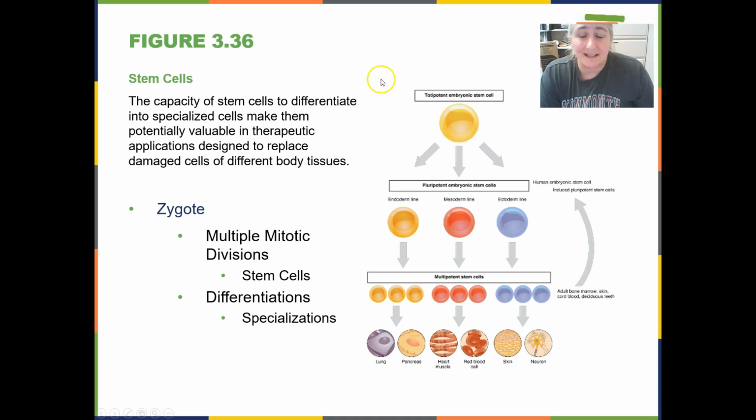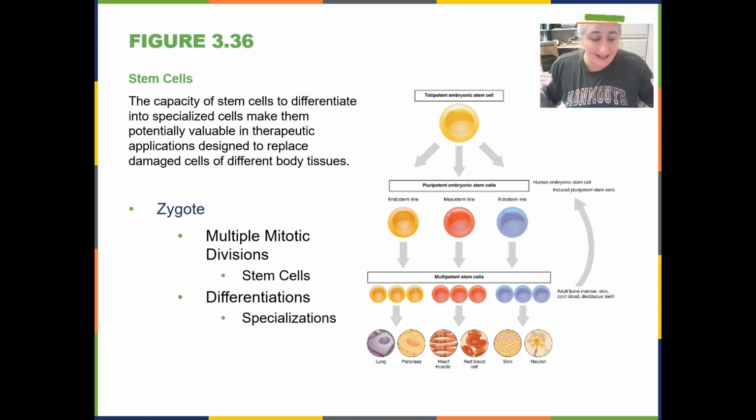A stem cell is a cell that is able to choose whatever path it wants to. So it's kind of like a college student that hasn't chosen their job yet. They know that they want to go to college, but they don't know if they want to be in law enforcement, or go into banking, business, or nursing.